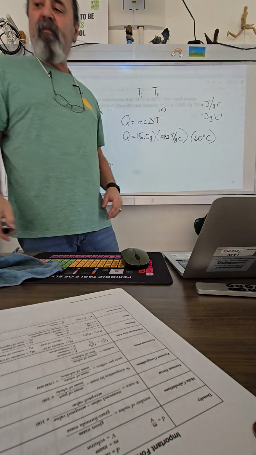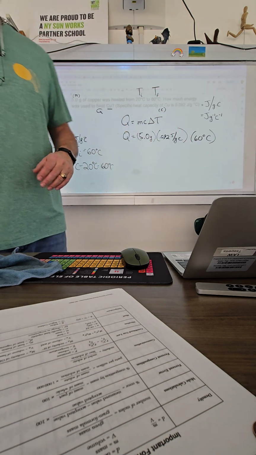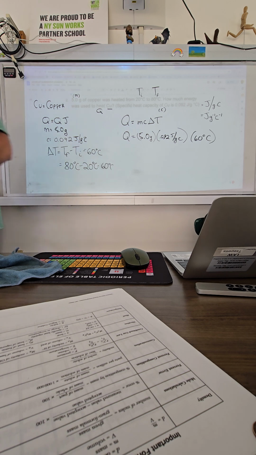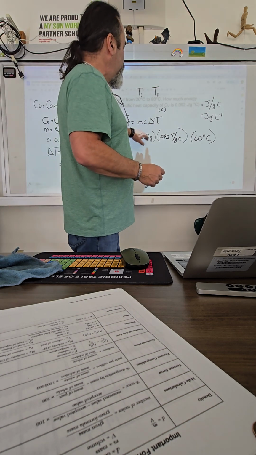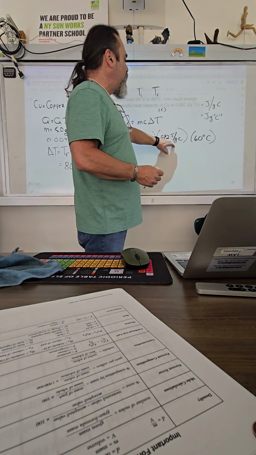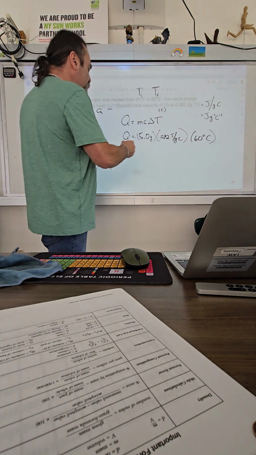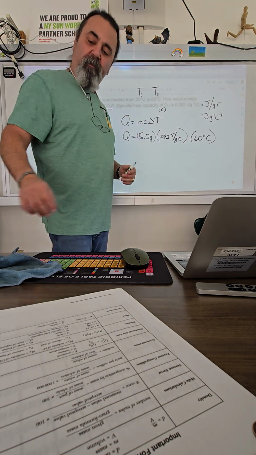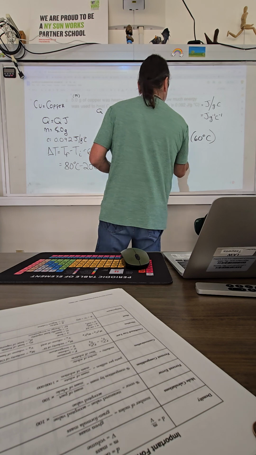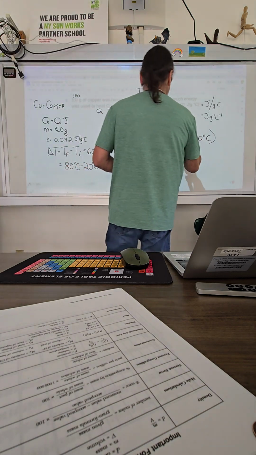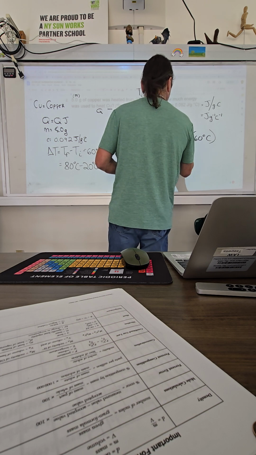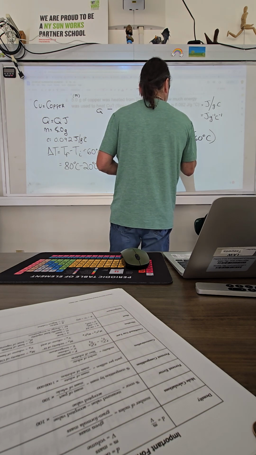But before we do that, let's take a look and do what we call unit analysis. The unit analysis is going to make sure that our numbers are right. So, the 5.0 grams, 0.092 joules per gram times degree Celsius. Now remember what this 0.092 means with the joules per gram times degree Celsius.